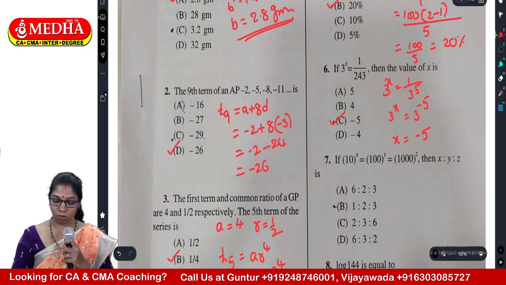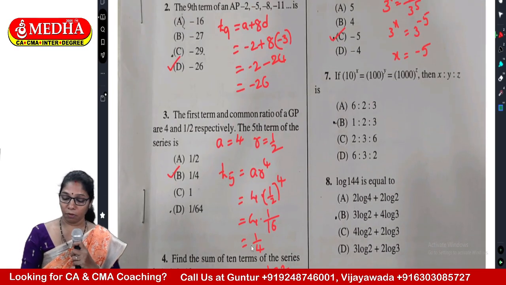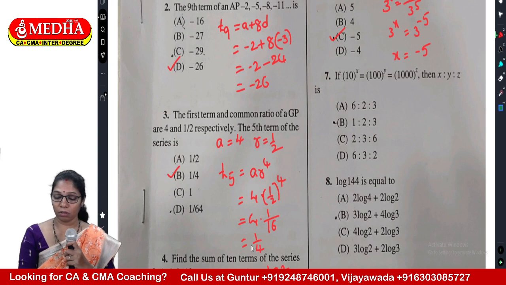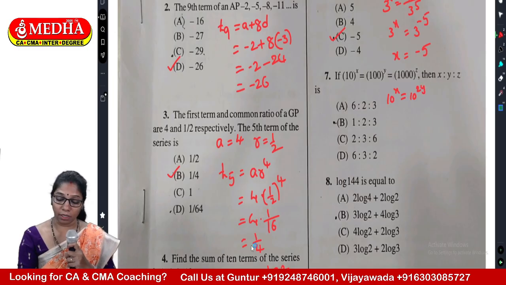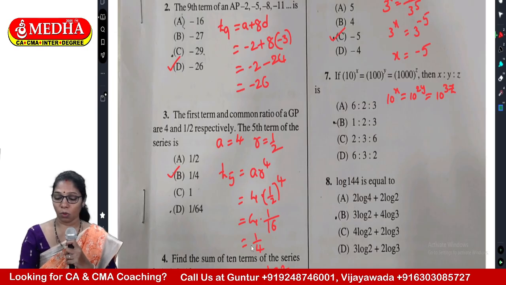Next, question number 7. 10 power x equal to 1000 power y equal to 100 power y equal to 1000 power z. So 10 power x, 10 power 2y, 10 power 3z are equal. From this condition I made all the bases equal. So x is equal to 2y is equal to 3z.